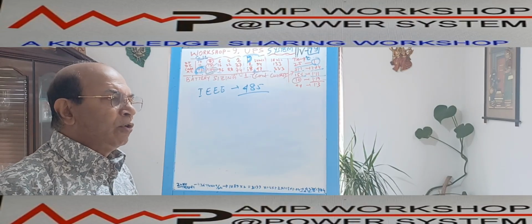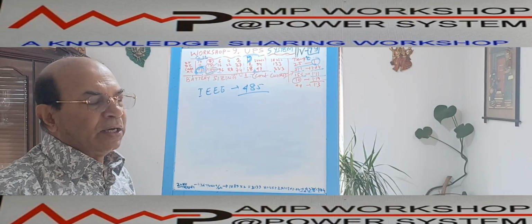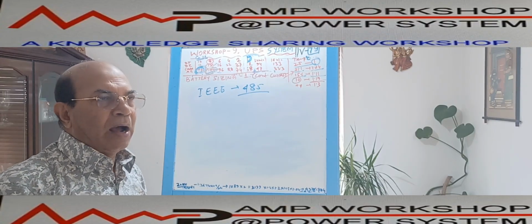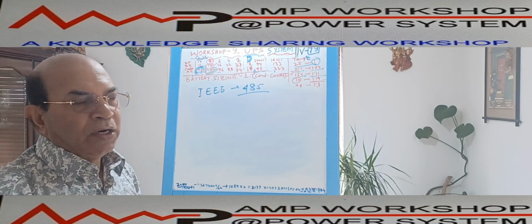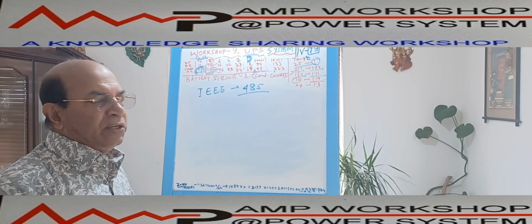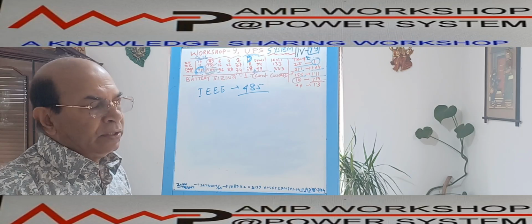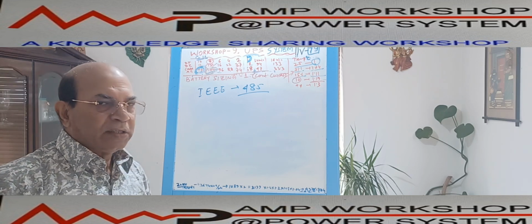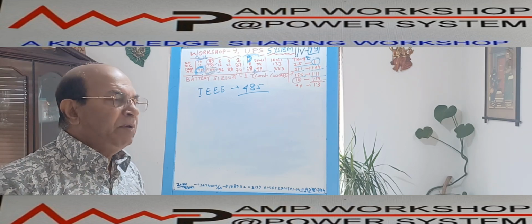That parameter will be decided by the designer or the engineer who is calculating the battery sizing, after discussion with the plant owner or the parties involved in this plant. One of the parameters we decide is what safety margin we will keep in the battery.